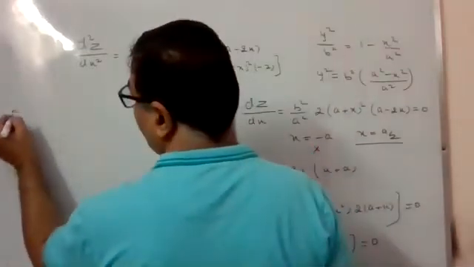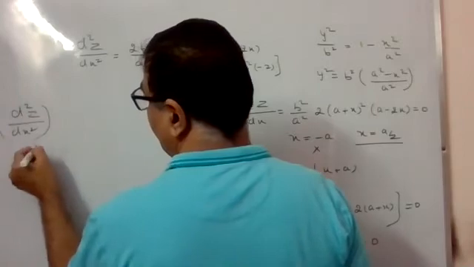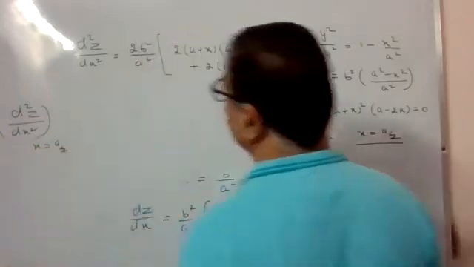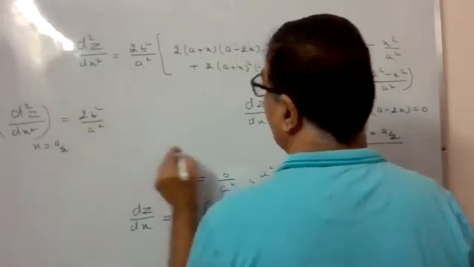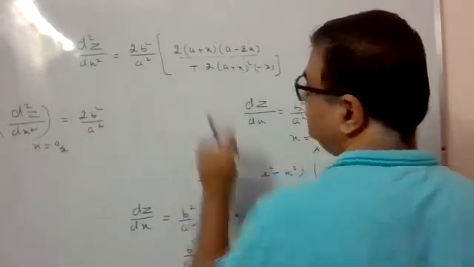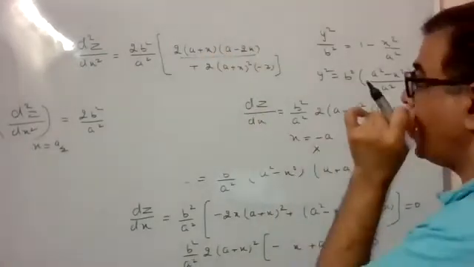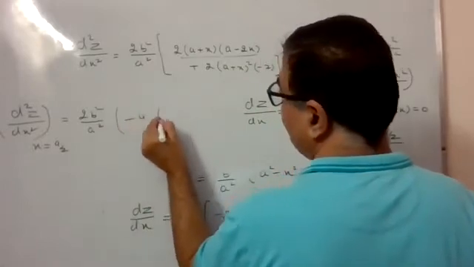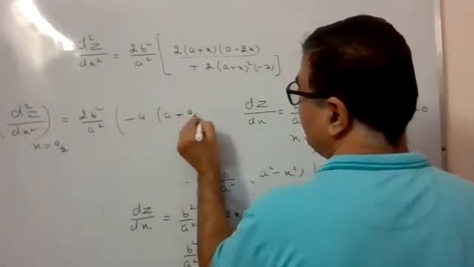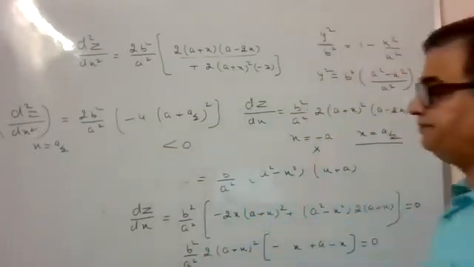So we go for d2z by dx square, where x is coming a by 2. When you take it, this is 2b square by a square. This part is clearly 0, because when you put x as a by 2, this is coming 0. Left is what? It is minus 4 into a plus a by 2 whole square. It is coming negative.